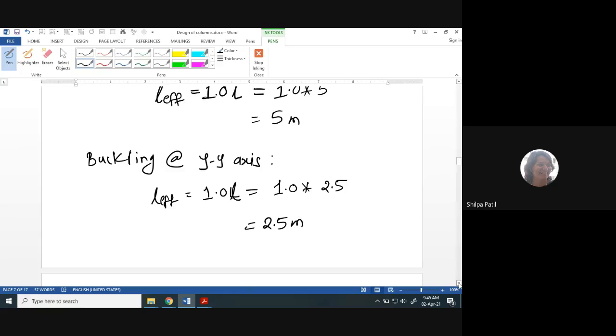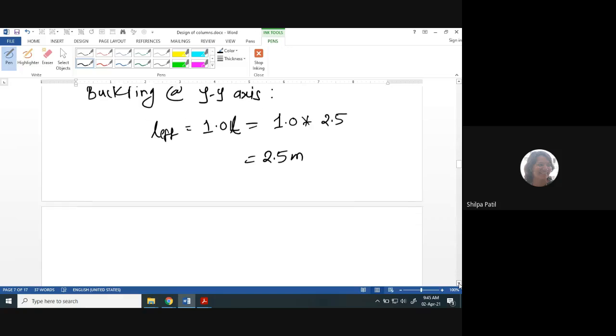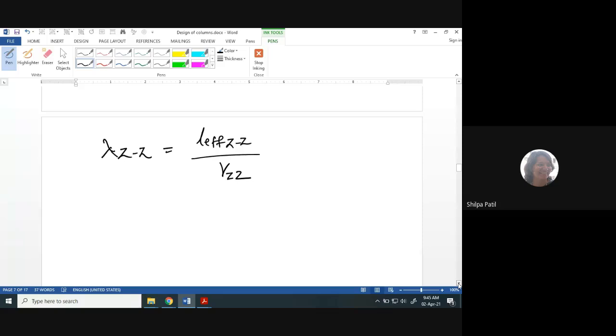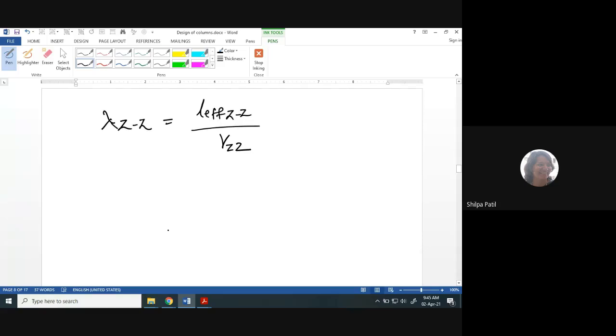So I will just write down here lambda Z or lambda ZZ is equal to L effective upon RZZ. Similarly, lambda YY will be equal to L effective YY upon RYY.